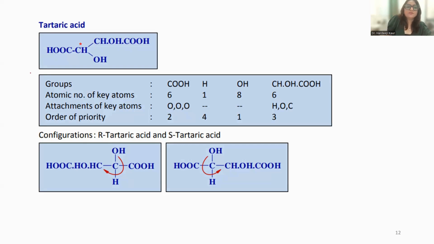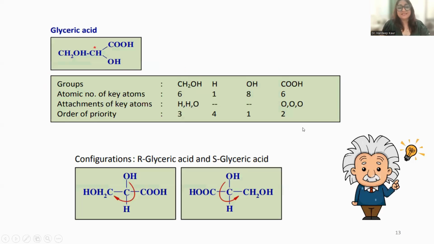This is a table where you will get to know what type of groups are attached, 4 different groups, and the atomic number of the first atom, and what are the different atoms attached to the first one, and then the priority which was given to the groups. Take this, post this video, and you can try this also.